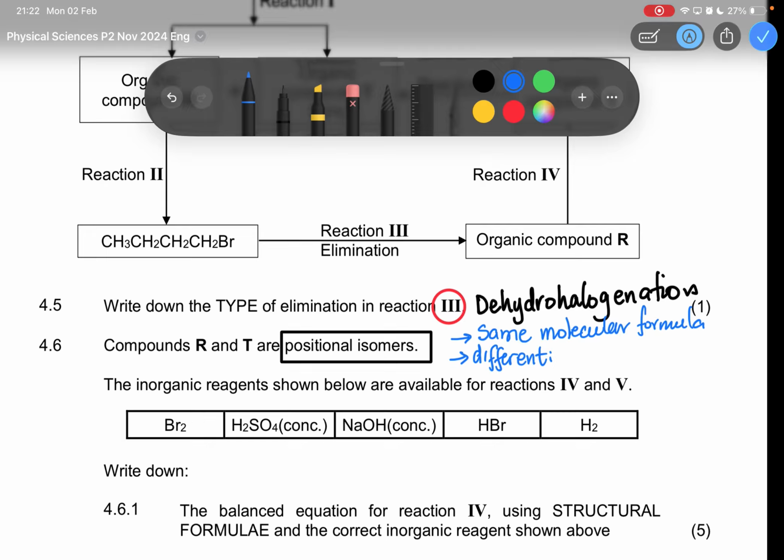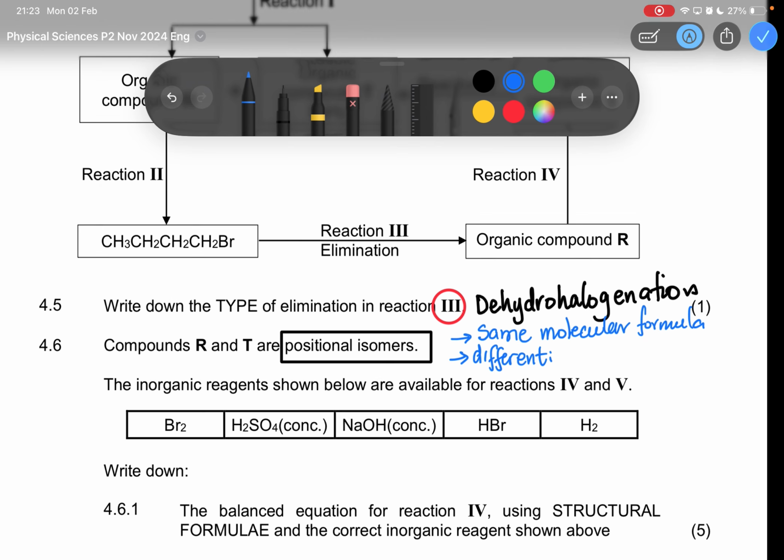We're talking positional isomer. Waiting for your input.